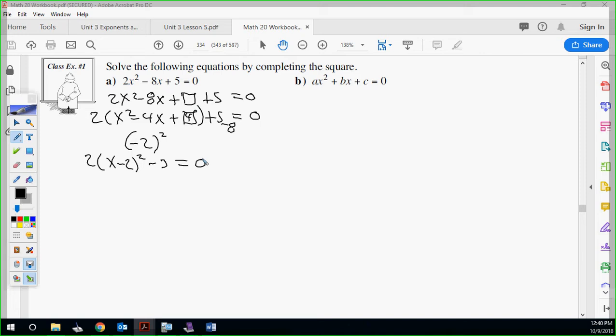Now we're just solving for x. So you would just do what you'd normally do to solve for x. Okay, so what would you do first to solve for x? Yep, add the 3. Divide by 2.